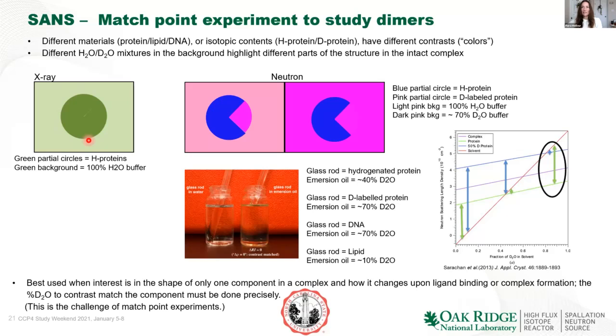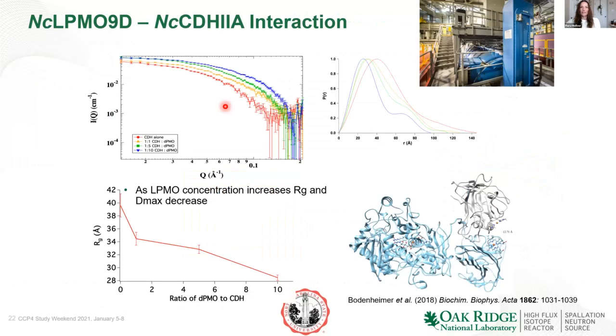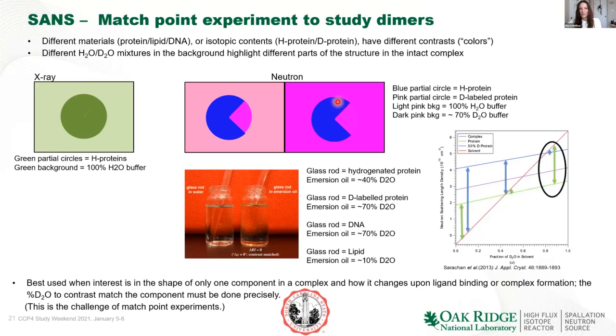So if you look with X-ray at your LPMO redox complex, you may see a blob. But if you use neutron with deuterium labeling of LPMO, then you can only see your redox partner and you can probe the structural rearrangement of this redox partner. So we did an experiment where we labeled LPMO so that LPMO is invisible, and we only look at the redox partner and how its conformation is rearranged upon binding to LPMO.